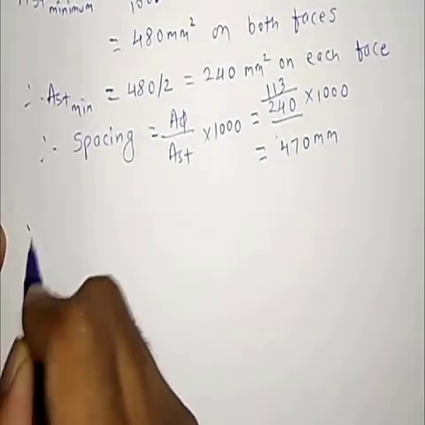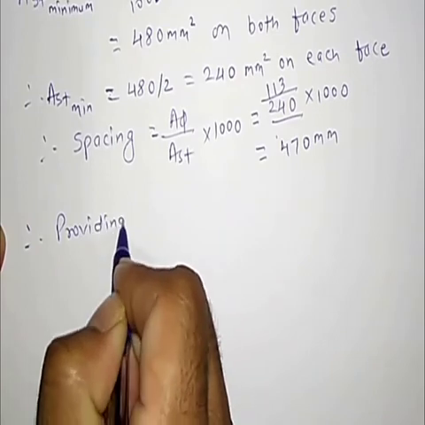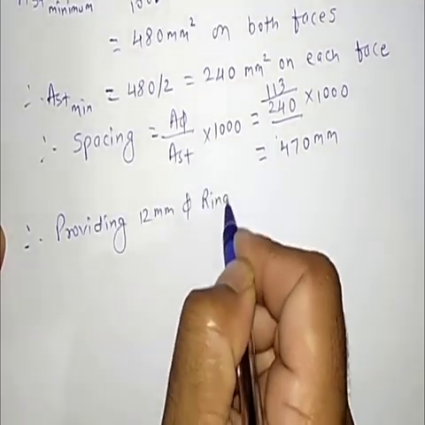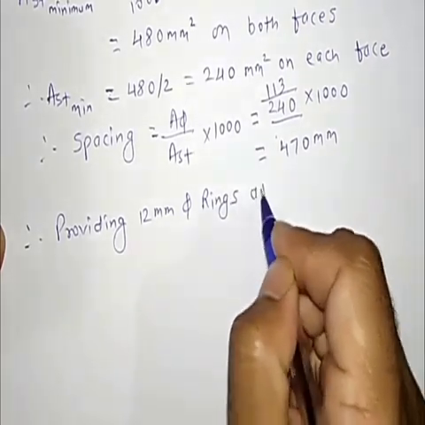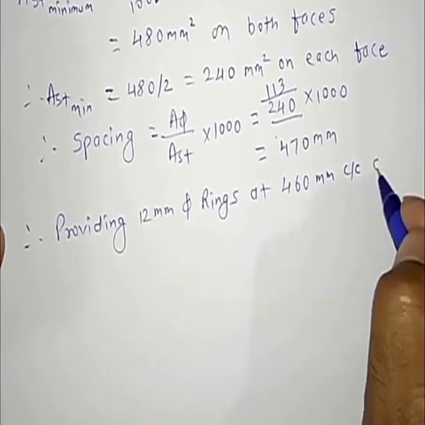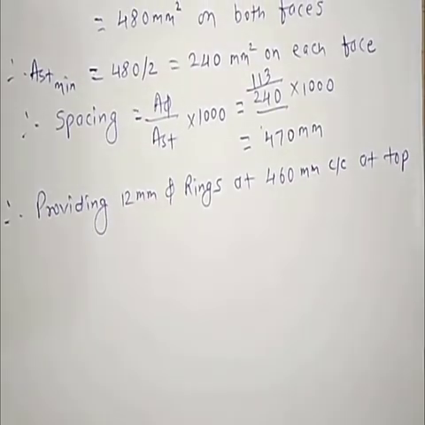So therefore providing 12 mm rings at 460 mm center to center at top portion. In the next video we will go through the distribution reinforcement and the other steps. Thank you.